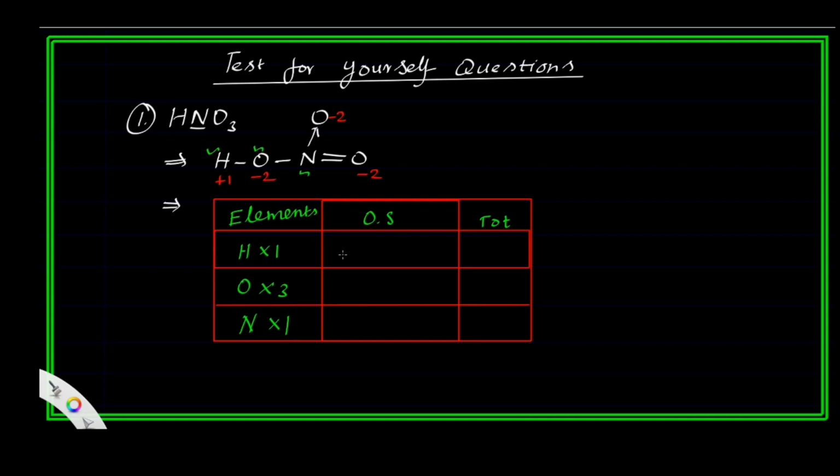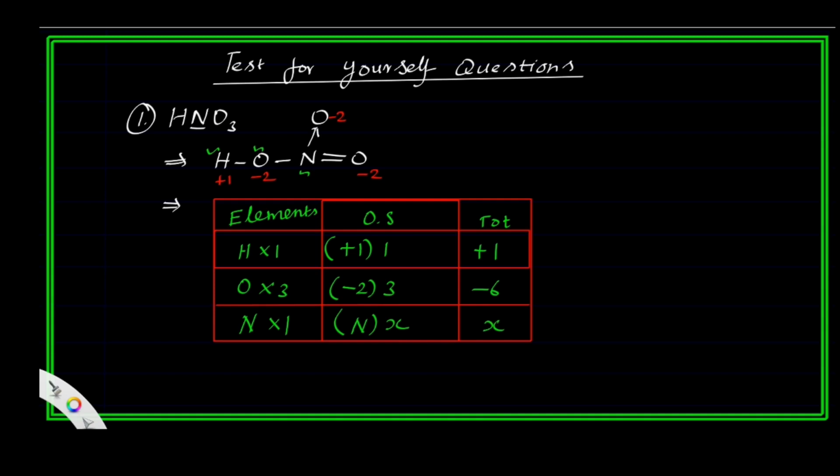Oxidation state of the hydrogen is +1 into 1 and oxygen has -2 into 3 and nitrogen, this is the subjected atom, so it has X. The total value of the oxidation number is +1 for hydrogen, -6 for oxygen, and nitrogen has X.